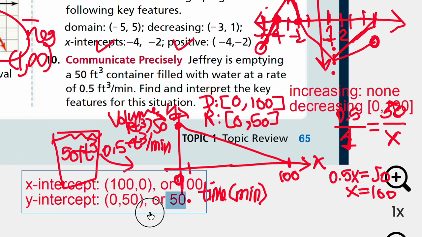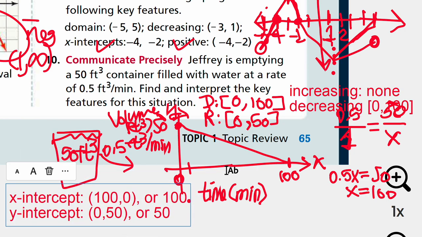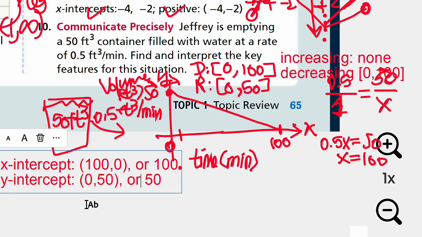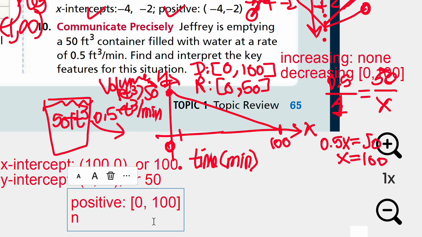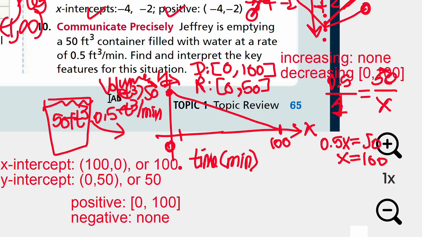And then let's talk about positive and negative as well. Where is your graph positive? The graph is positive throughout the entire graph, right? So you can write the interval notation from 0 to 100. And when is it negative? It is never negative, so it's none. Okay?